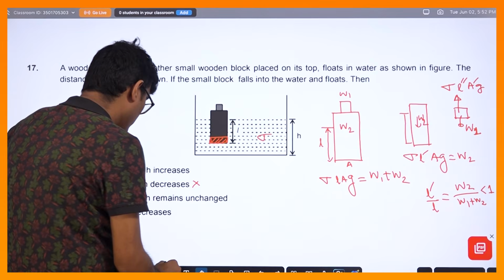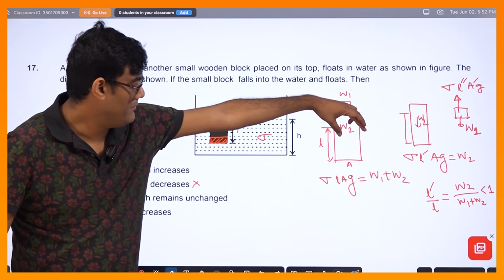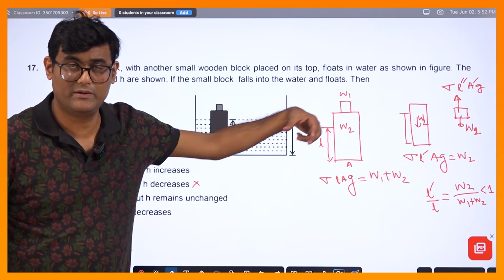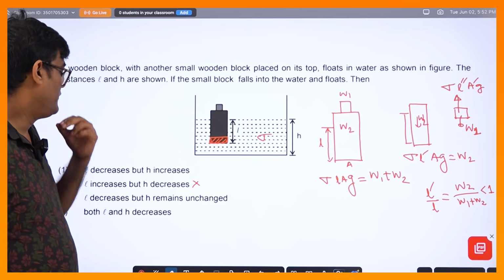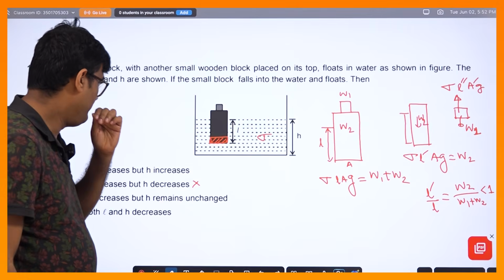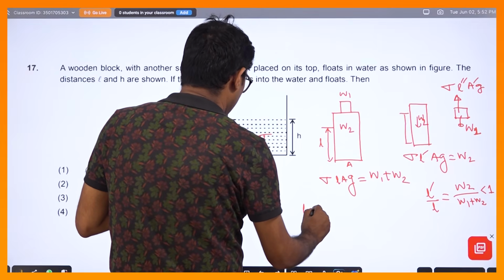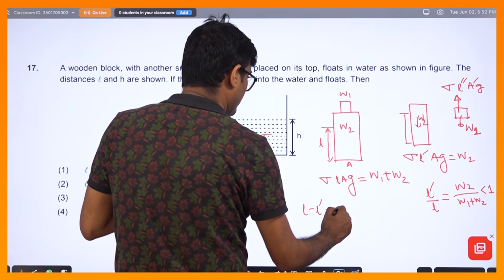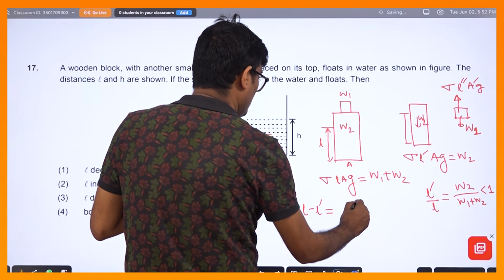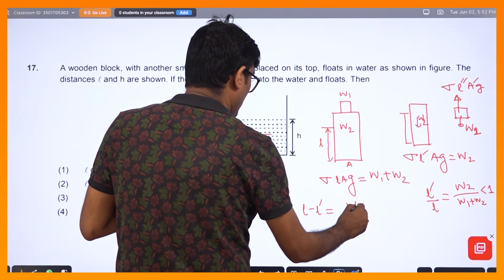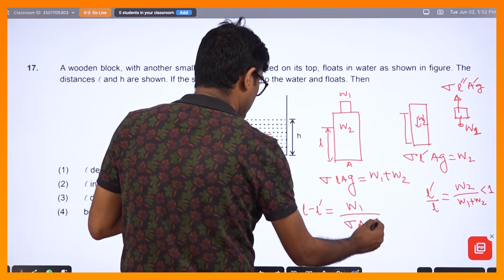I'm trying to find the difference between the final L prime and the initial L prime. What is the difference between L and L prime? You see that L minus L prime is equal to W1 divided by sigma A G.